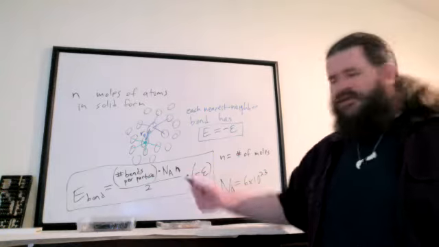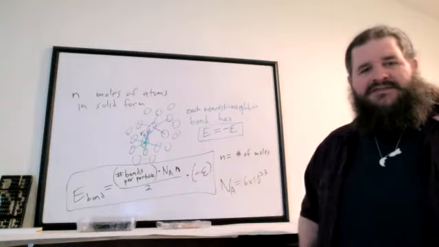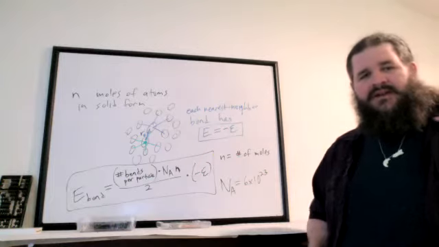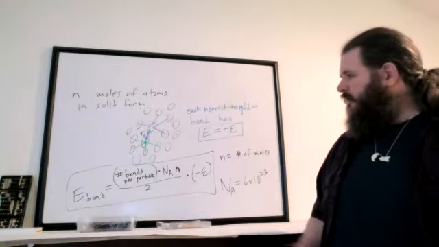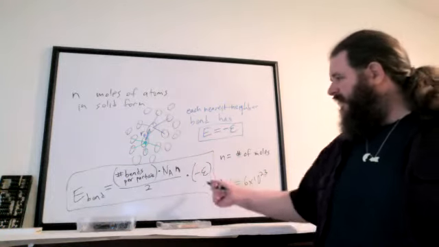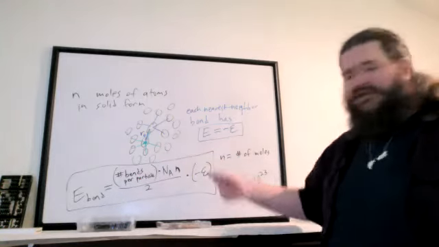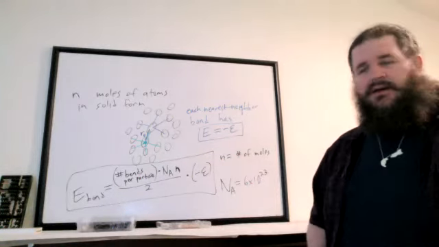And this also plays into the idea of delta H, the heat of melting or heat of vaporization. For instance, if you want to vaporize this whole substance, you would have to add this amount of energy, but plus epsilon instead of minus epsilon.